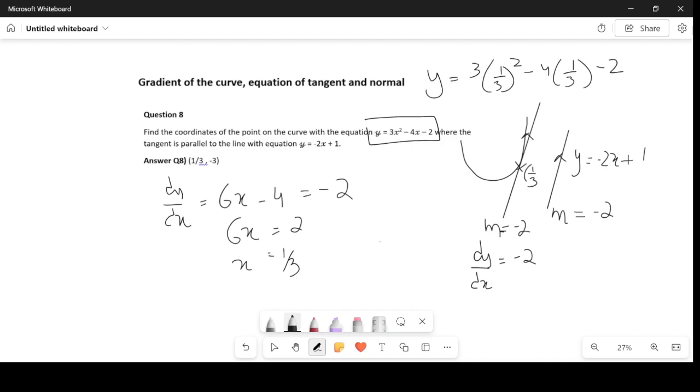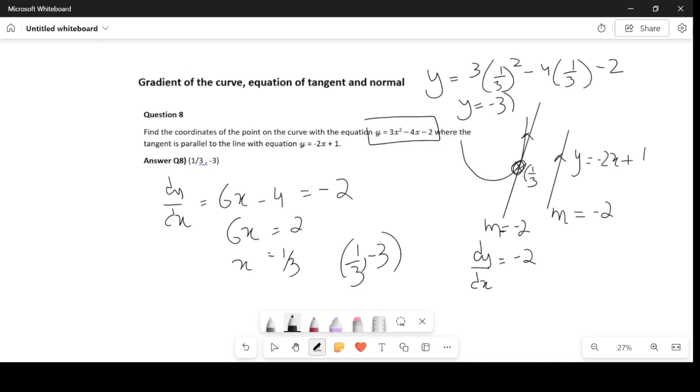What does this give us? 3 times bracket 1 by 3 squared minus 4 times 1 by 3 minus 2 gives us negative 3. So the coordinate is (1 by 3, minus 3).